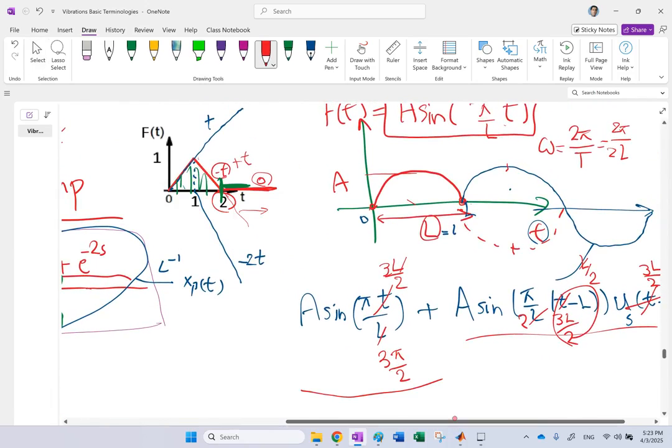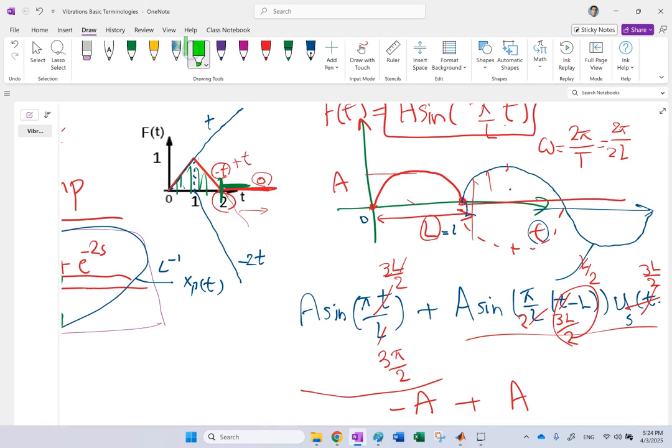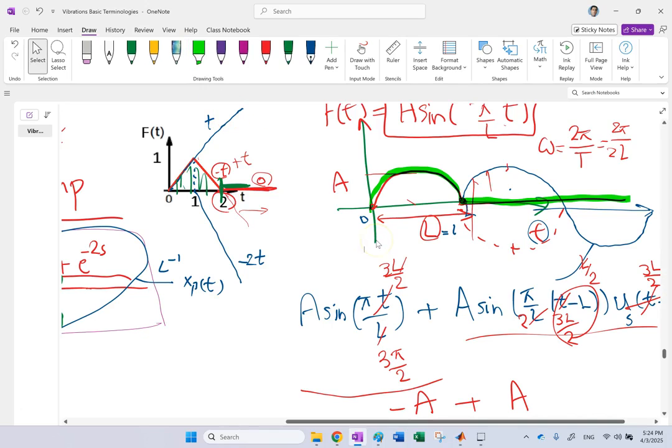So this whole thing will be negative A, and this one, sine of pi over 2 is 1, so it's going to be positive A. And add them together, you are going to get a 0 after this. And you add it at any other point, it will also be 0. So what you will get is, basically, a bump between 0 to L, and then after that, you would get a 0 by adding these two, a sine and a sine with delay. That will give you exactly a bump.